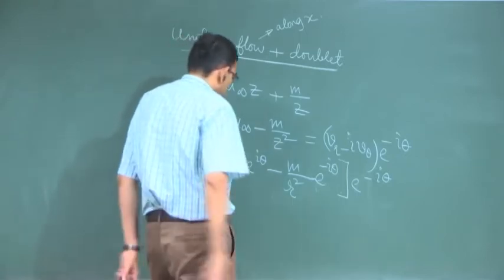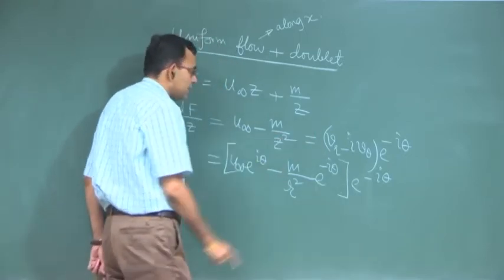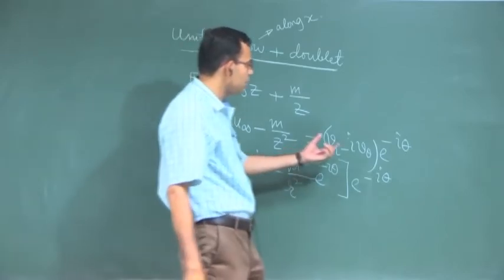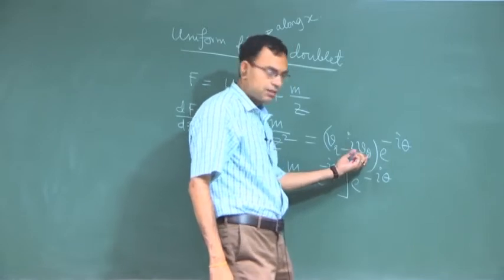Now, we will write e to the power i theta as cos theta plus i sin theta, because we have to somehow separate the V r and the V theta parts.